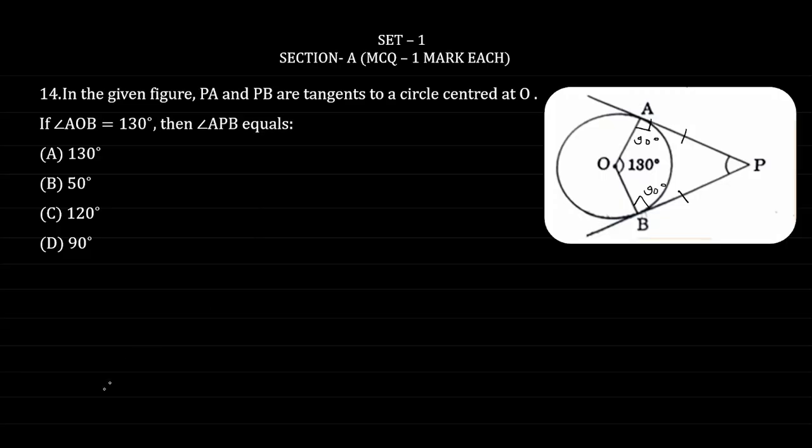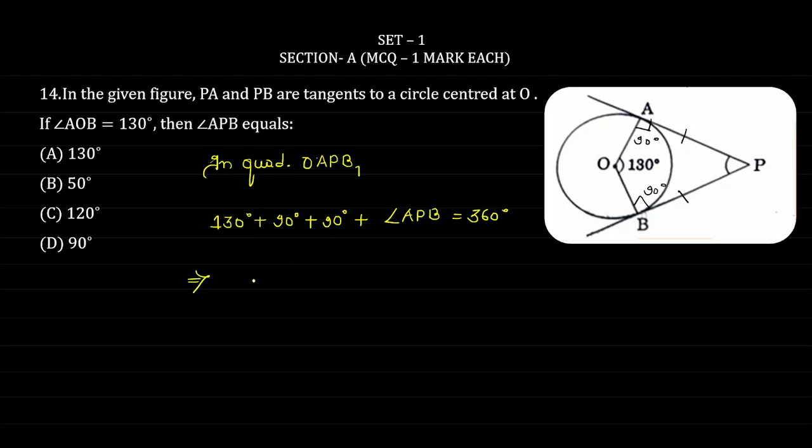In the quadrilateral OAPB, 130 degrees plus 90 plus 90 plus angle APB is equal to 360 degrees, the sum of interior angles of a quadrilateral.